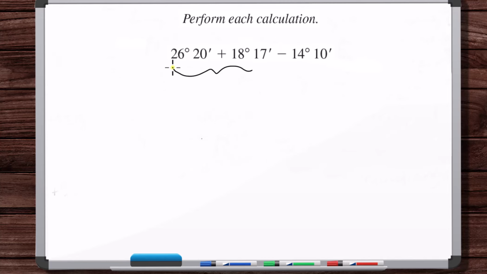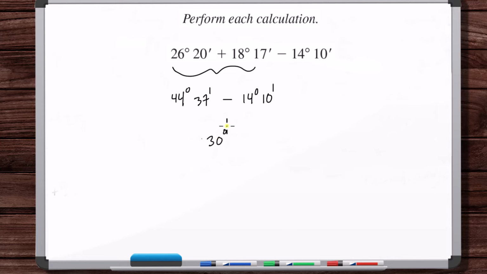Okay, let's do this addition first. So 26 plus 18 is 44 degrees. 17 plus 20 is 37. 37 is less than 60, so this is it here. So now we want to subtract 14 degrees, 10 minutes. So 44 minus 14 is 30 degrees.